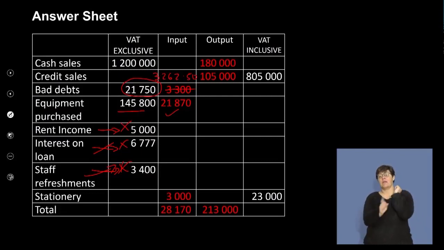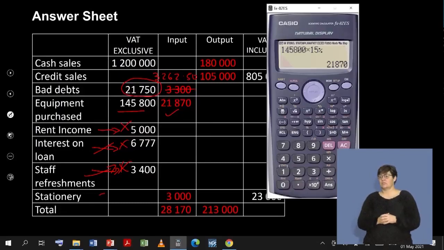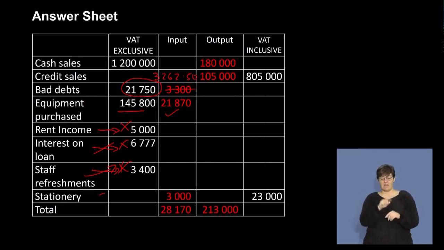Right, the last one we have here is our stationery, and clearly we can see here, if we take our stationery amount of 23,000, which is the inclusive amount, times 15 divided by 115, it will give me a figure of 3,000 Rand. Now what have we done here?